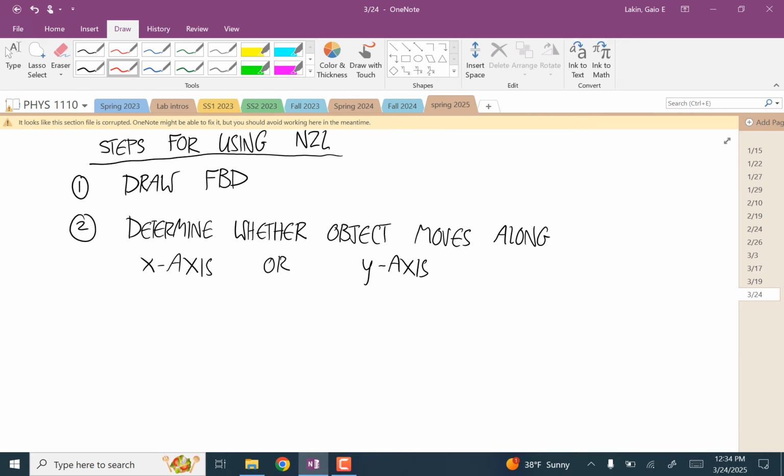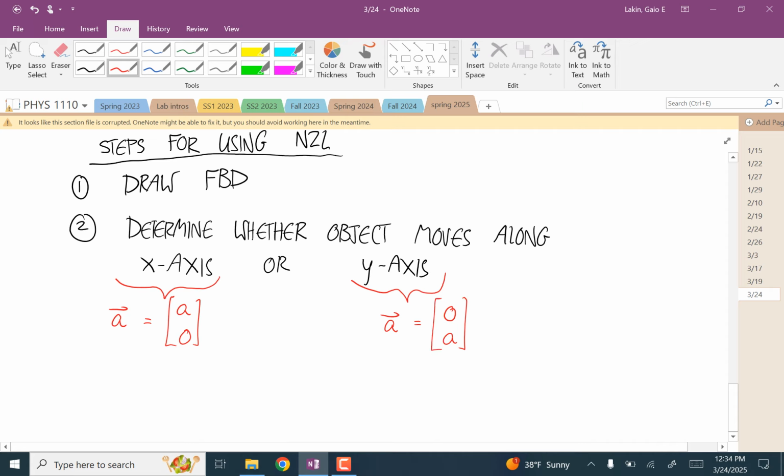Okay, if the object is free to move along the x-axis, then our acceleration vector is going to be a, 0. If it's free to move along the y-axis, our acceleration vector is going to be 0, a.